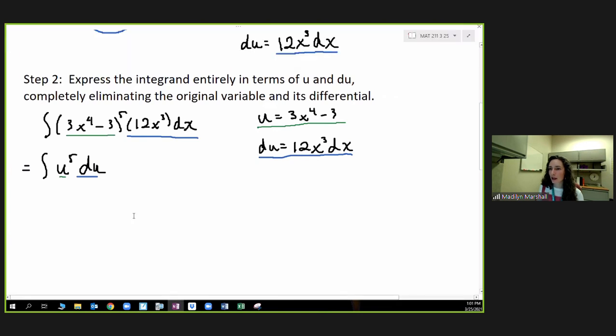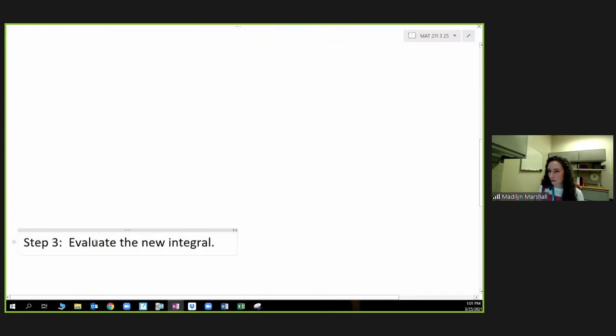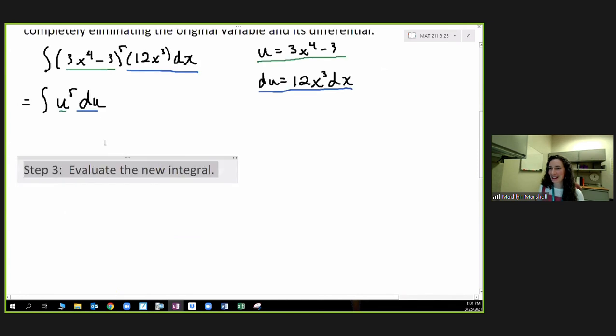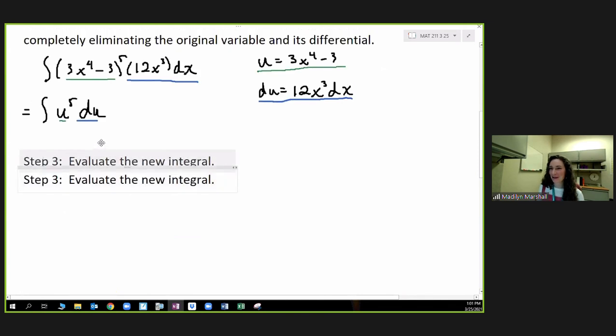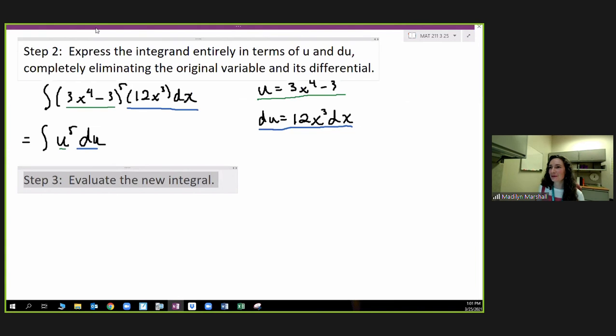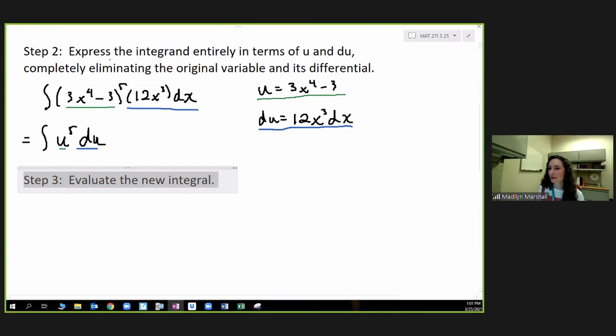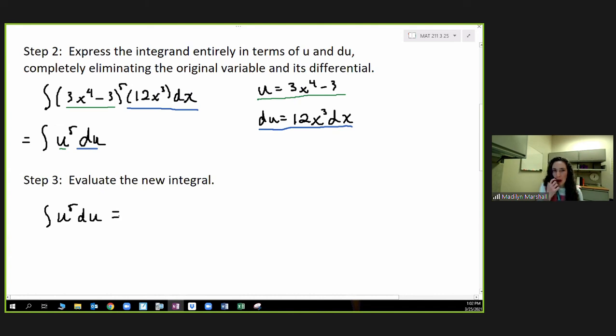So I'm going to bring up step 3, which is to evaluate the new integral. So if we're evaluating u to the fifth du, what is our result?